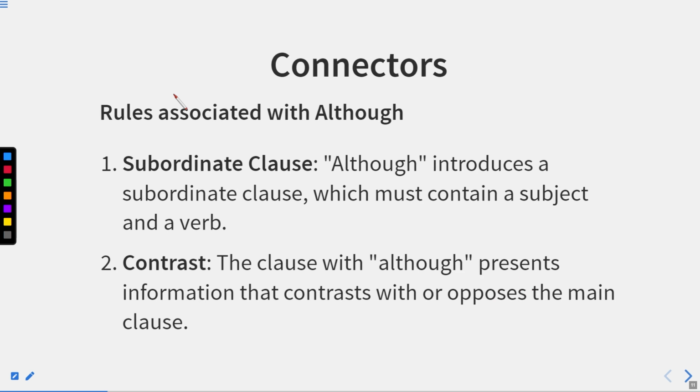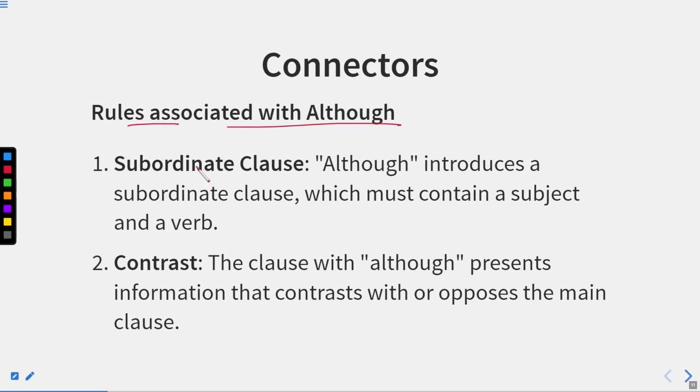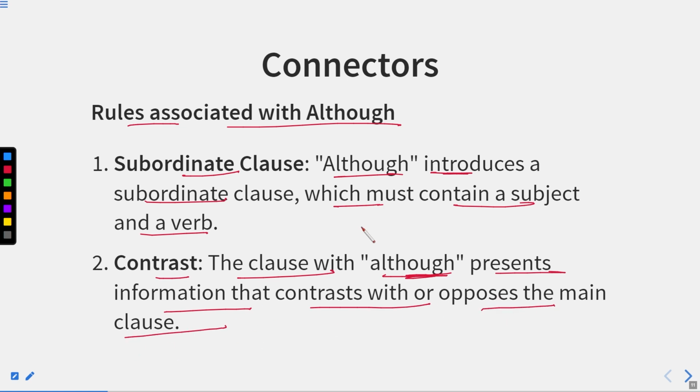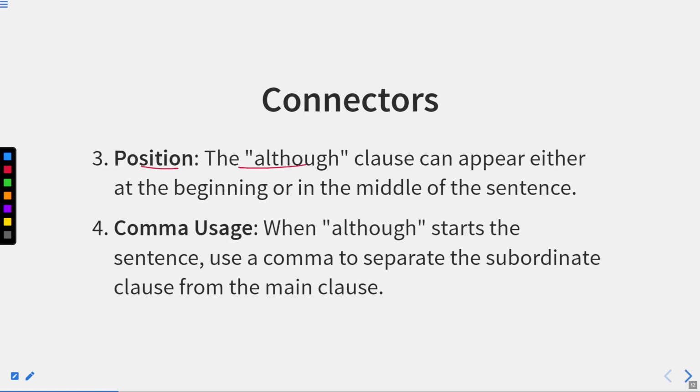Okay. Now, rules associated with although. Subordinate clause: although introduces a subordinate clause which must contain a subject and a verb. Contrast: the clause with although presents information that contrasts with or opposes the main clause. Position: the although clause can appear either at the beginning or in the middle of the sentence. I think I have already discussed these things with you, so I hope you have understood.